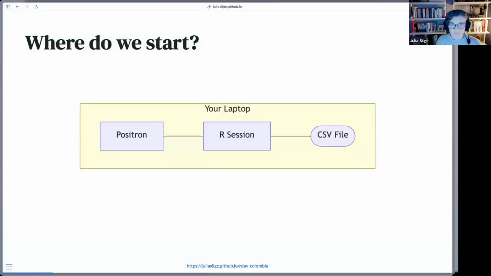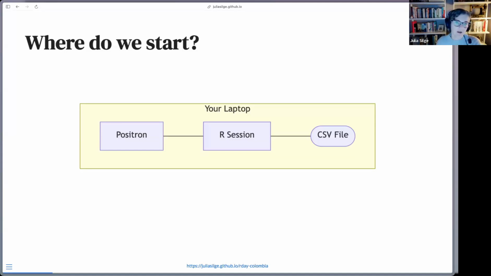Let's talk about where we often start. If you learned about R in a class, like in college or university, or when you were first starting out, maybe at the very beginning of doing data analysis, your situation looked something like this, I bet.